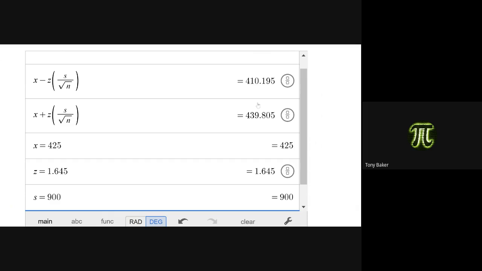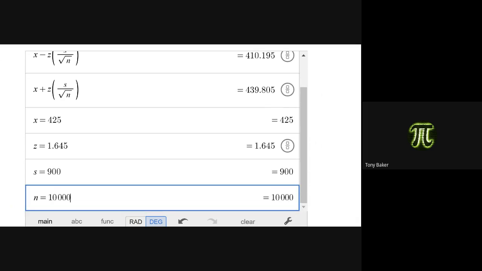But my interval is getting smaller. So now the question comes into play: where's that line? How accurate do you get it compared to how much time and money and energy you're going to spend to get it there? Okay. So while 10,000 makes a very nice range, it might not be economically feasible to do that.